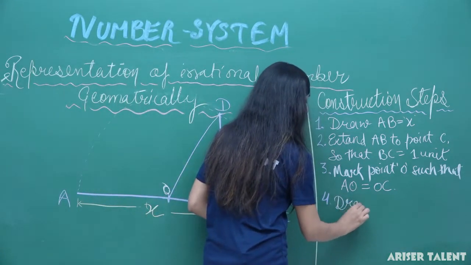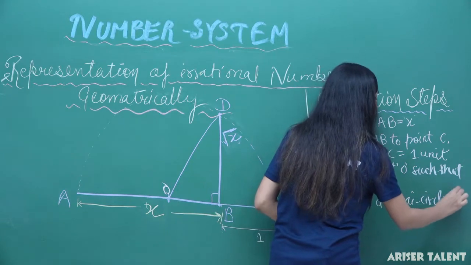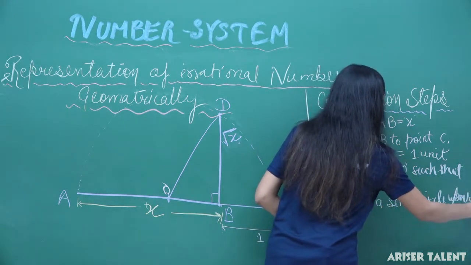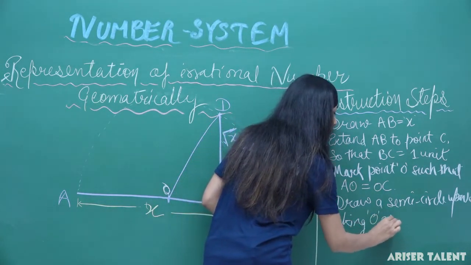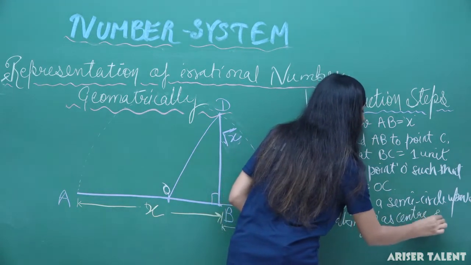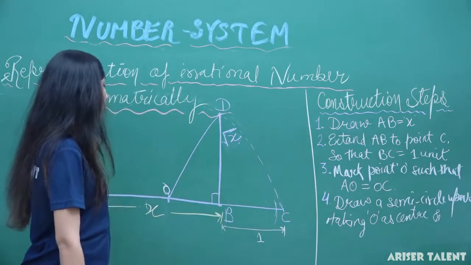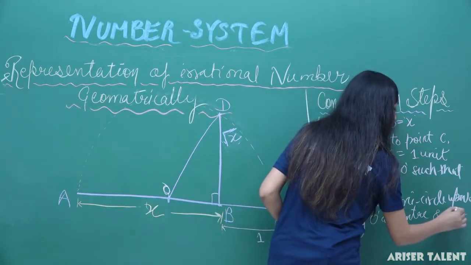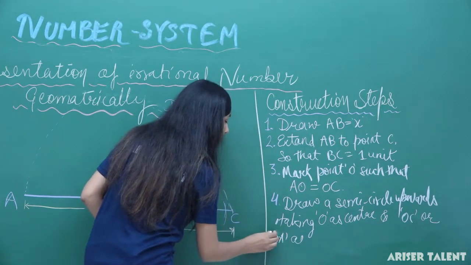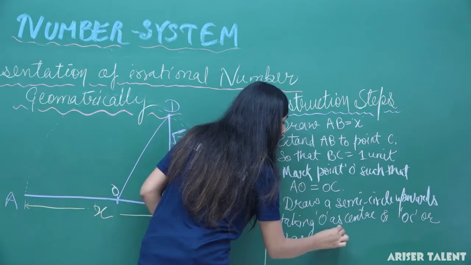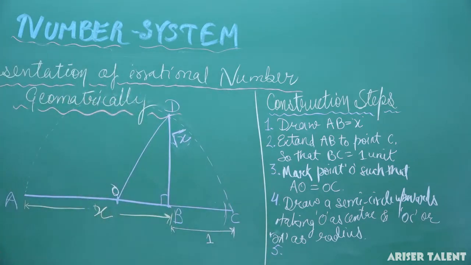Draw a semicircle upwards taking O as center, and O is the center here, and OA or OC as radius, right?